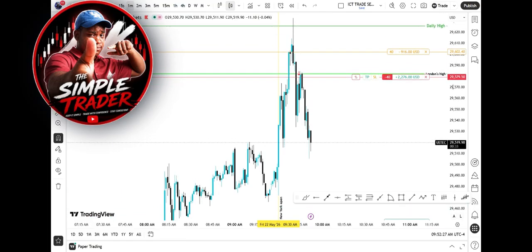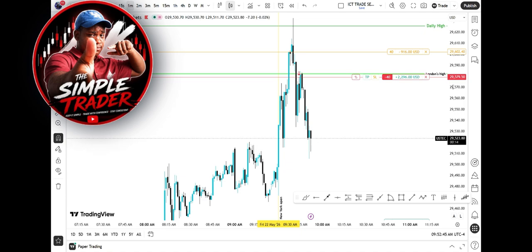So what we have here? We have the market at 9:30 aggressively running higher. What did it do? The areas that I highlighted, it took out the daily high, it took out London's high, right?